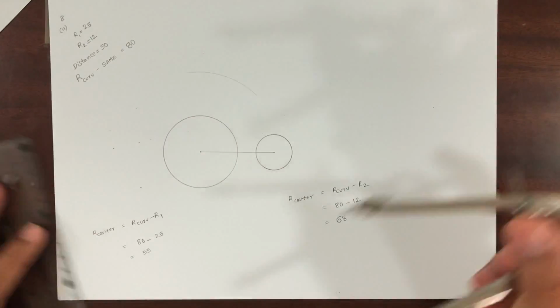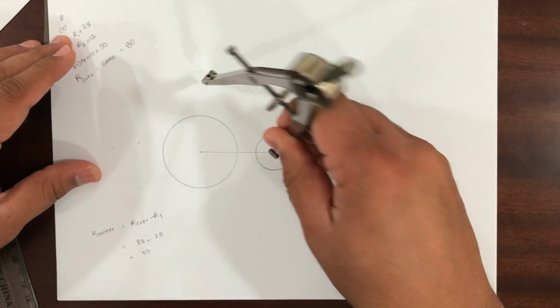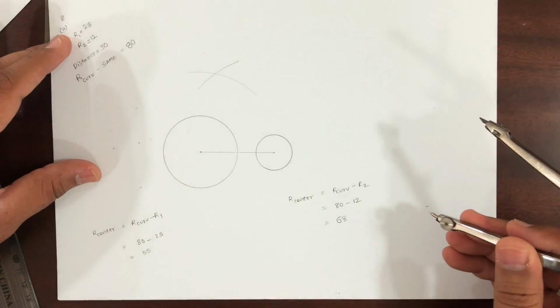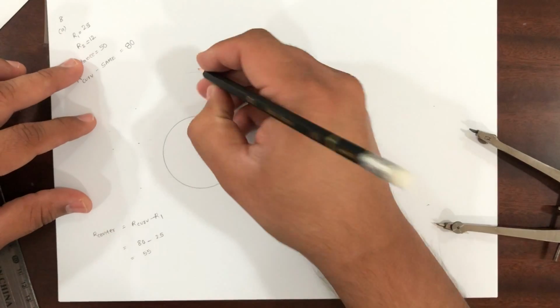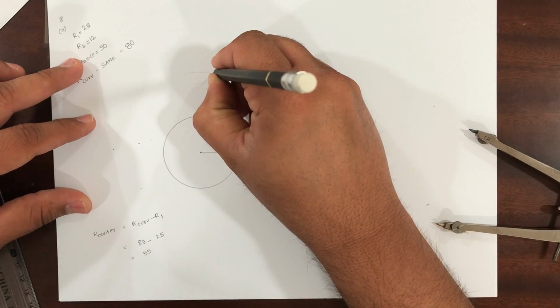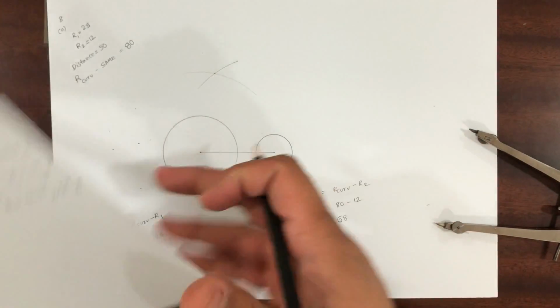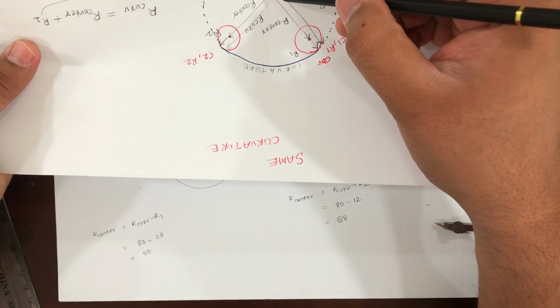Now keep it on the right side and make an arc. This intersection point is nothing but the center of the big circle.